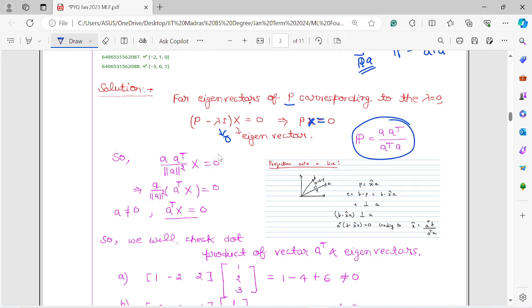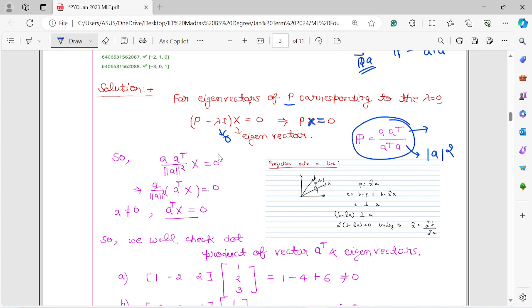So our projection matrix is this. We have substituted A transpose upon this, and this can also be written as A transpose upon mod A squared. We don't need to solve for the projection matrix A transpose upon A transpose A. This is a lengthy process.